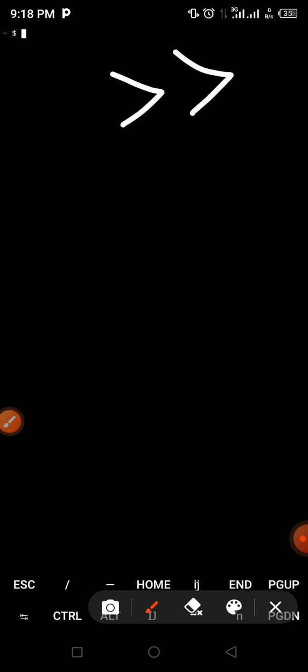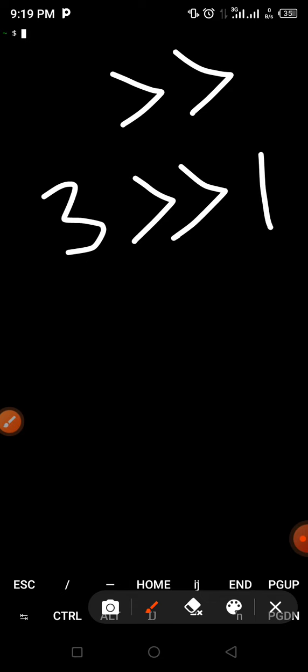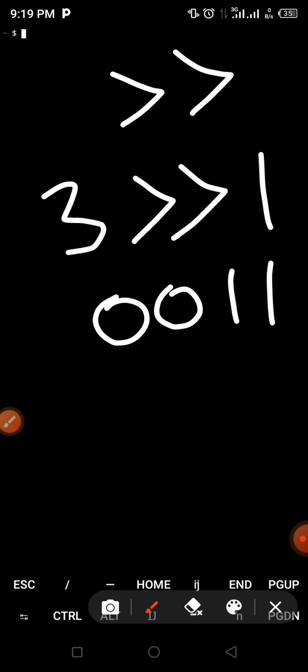So now, for instance, we have the 3, then we have this set by 1. If 3 stands for 0, 0, 1, 1, that's the value of 3. Then I shift it to the right.